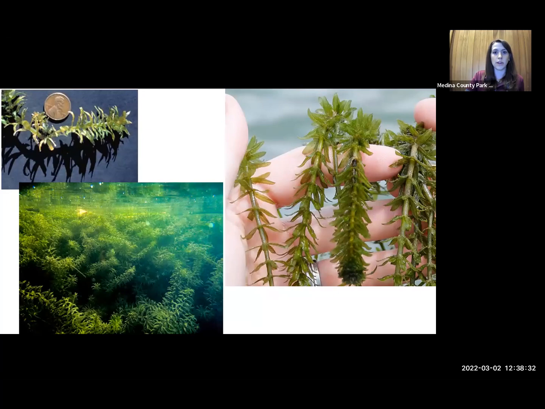All right. So moving forward, we also have Hydrilla. This is another one that looks very similar and has similar growth habits. And you can imagine what multiple aggressive species in one water habitat can do to that habitat. It'll make it into something that doesn't even resemble what it used to look like.